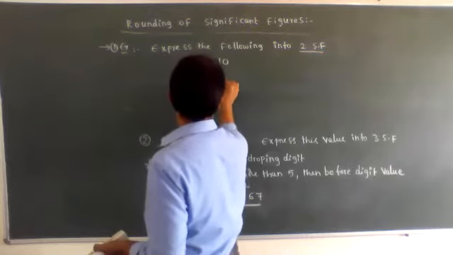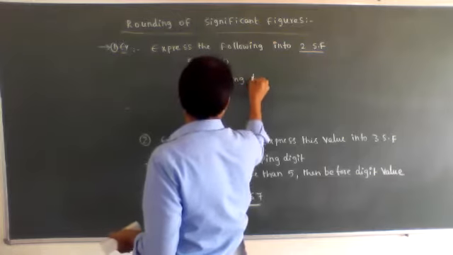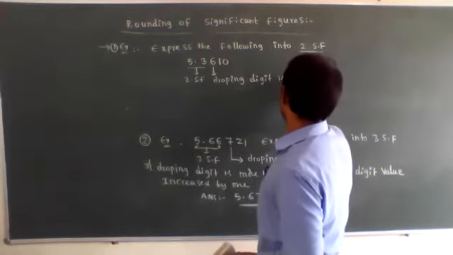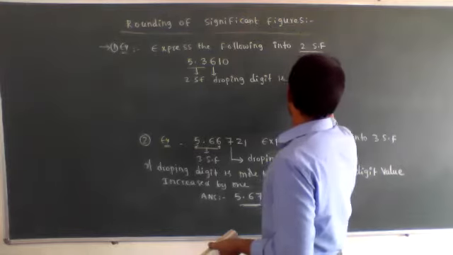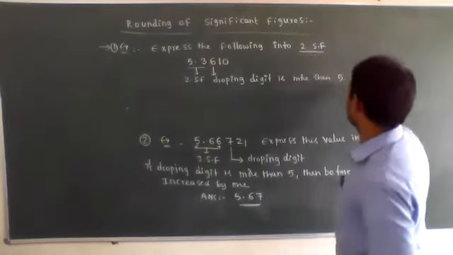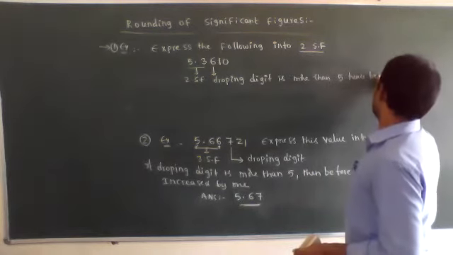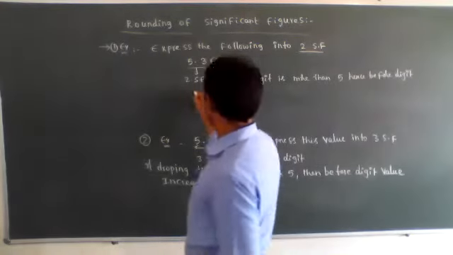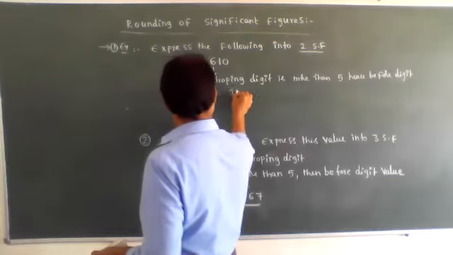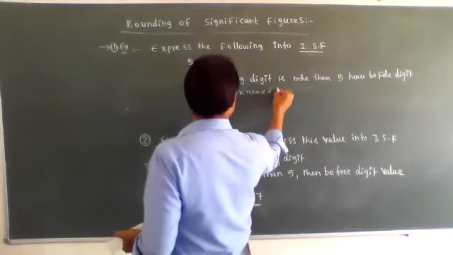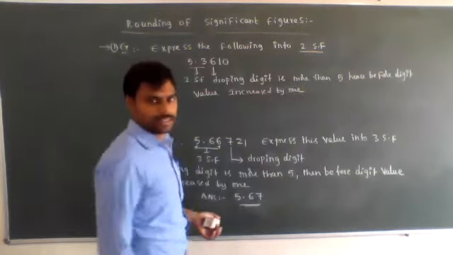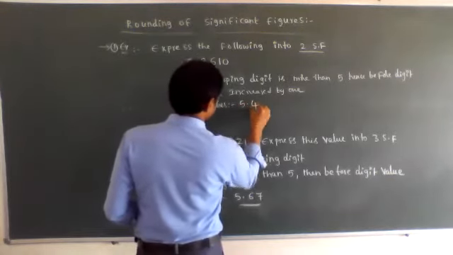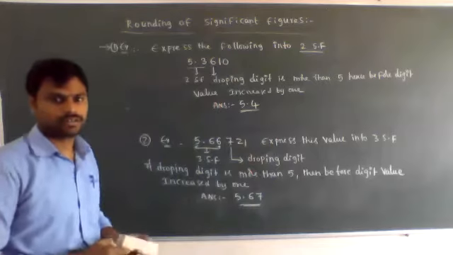So the dropping digit is more than 5. Hence, the before digit value is increased by 1. The answer is 5.4.